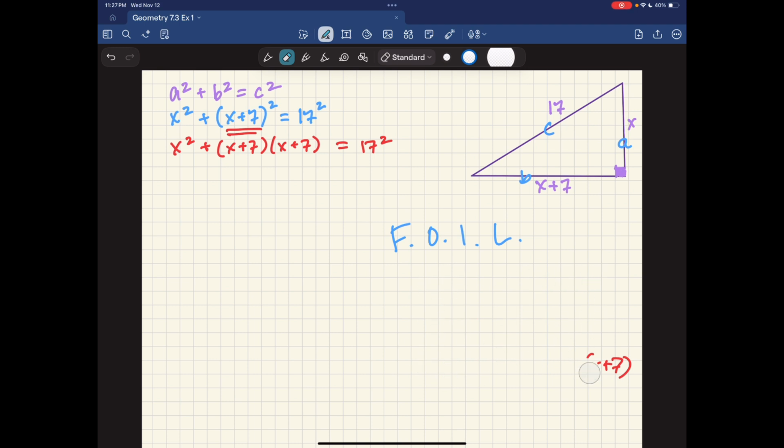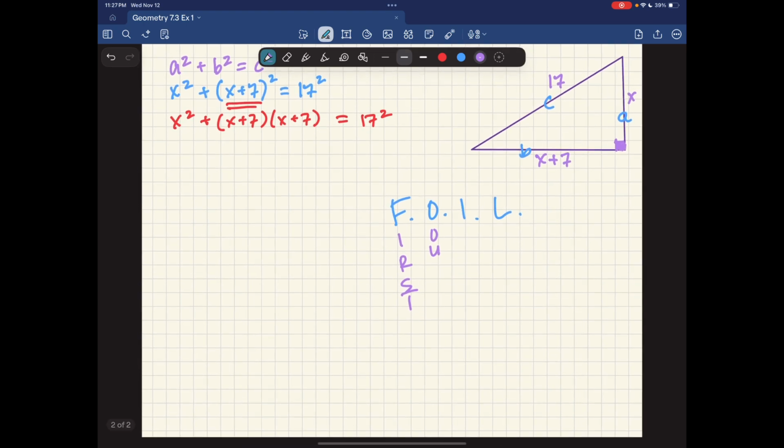Okay? FOIL is the technique for multiplying binomials. FOIL stands for first, outside, inside, last. First, oops, I doubled up on my O's. Okay, outside, that's a D, inside, last.